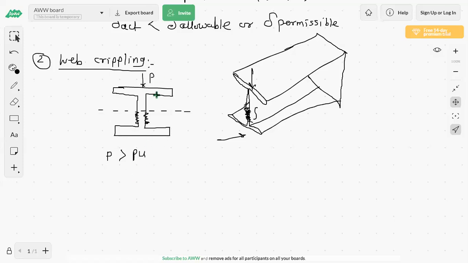So if the load greater than PU comes on this member, then your beam will fail due to crippling. When the loading is in excess of the load carrying capacity of the web, the buckling strength is exceeded, causing crippling of web. The strength of the beam that prevents buckling gets crippled because of excess load over the load carrying capacity. So the web's strength to resist buckling was reduced due to this excess load.